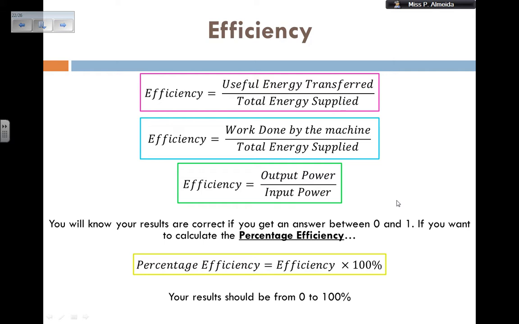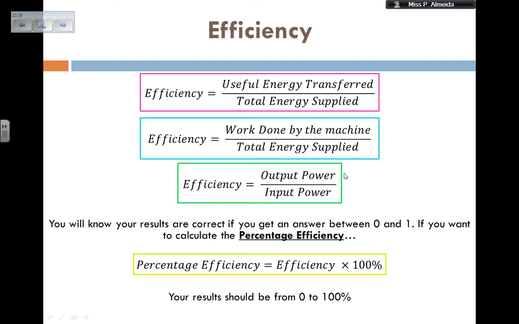Or then I can say that efficiency equals my output power divided by my input power. I can use any of these 3 formulas. It just depends on what the question is giving me or what information I have in advance, okay? Now, efficiency is a number between 0 and 1.